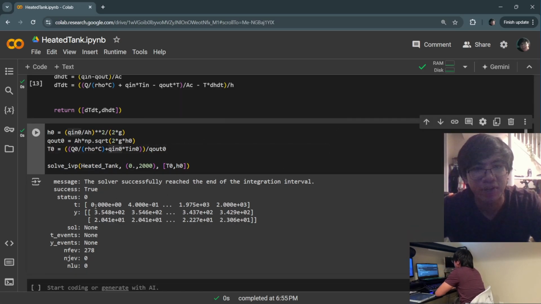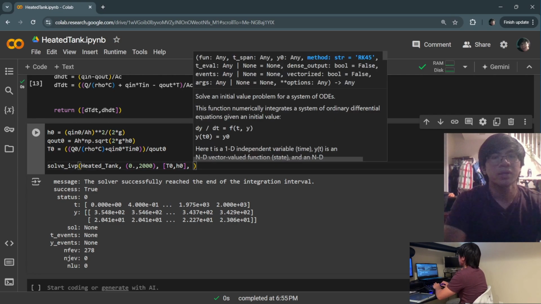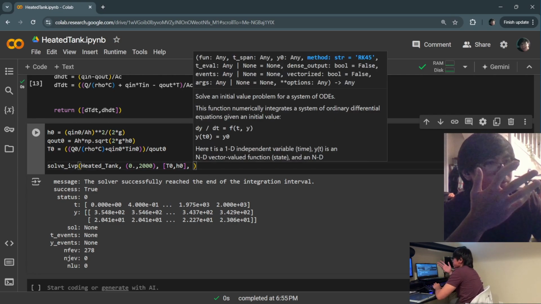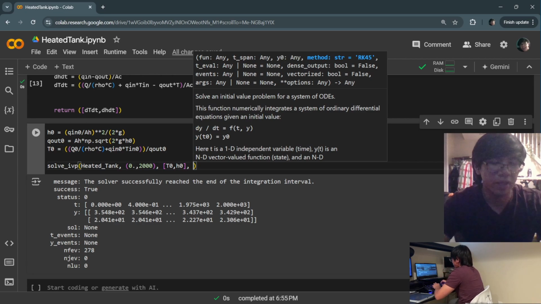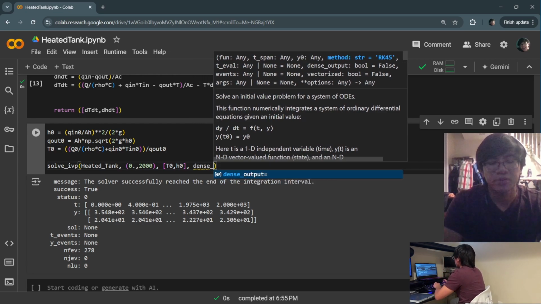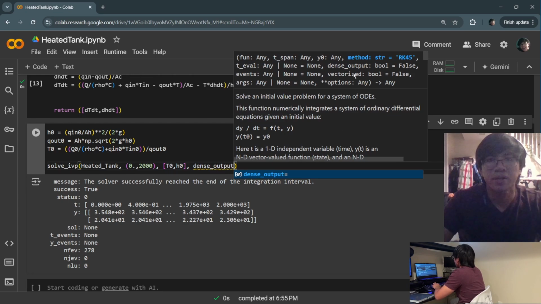So we are retrieving values for our two different arrays, temperature and height. And actually, since we're graphing it, what we're going to want to do is retrieve those data points solve IVP got for us and plot them using a function, and that is from our dense output parameter here.